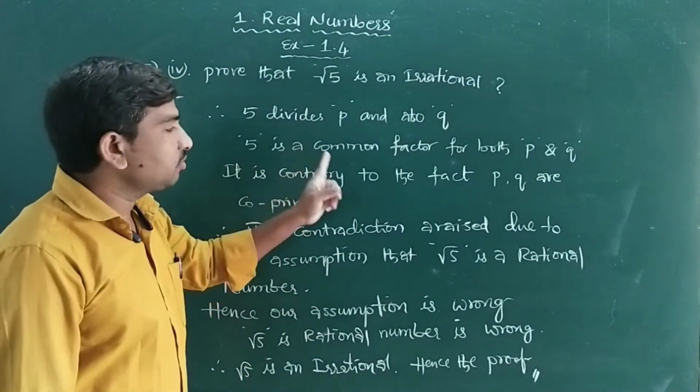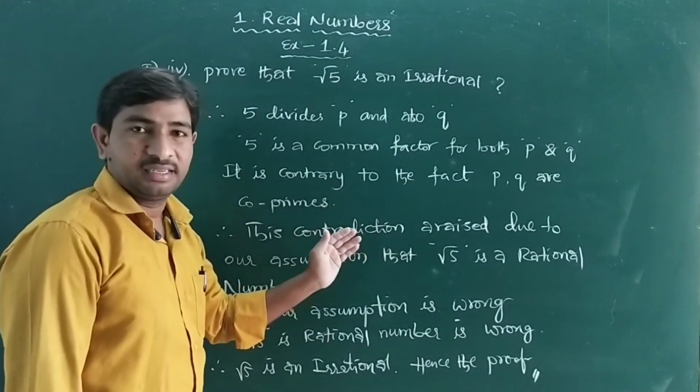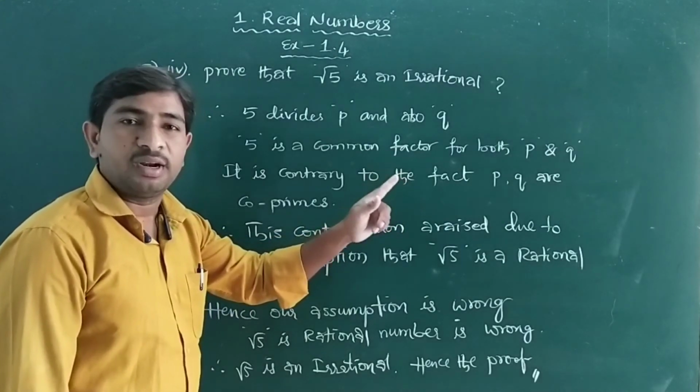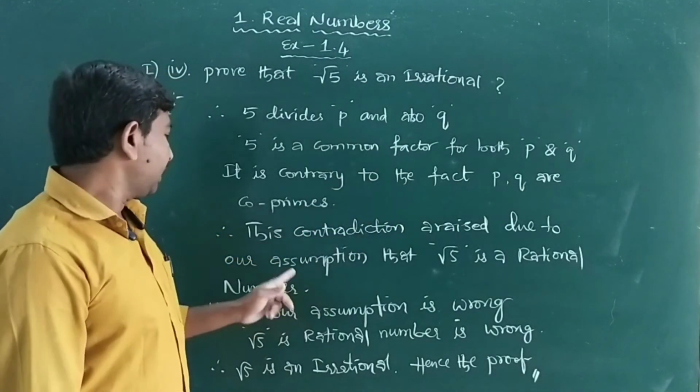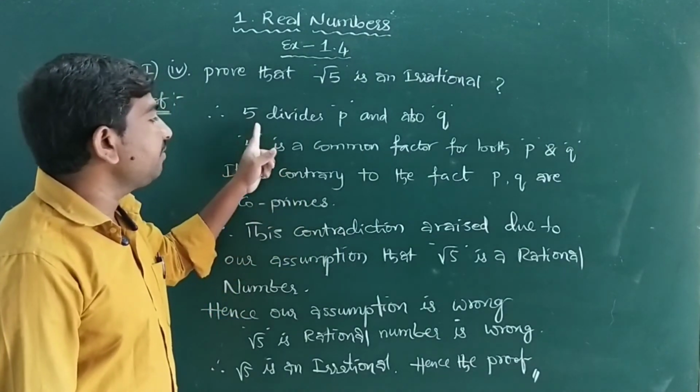It is contrary to the fact that p, q are co-primes. HCF of p, q is 1 because p, q have only 1 as a common factor. But here we are getting 5 as a common factor for both p and q.